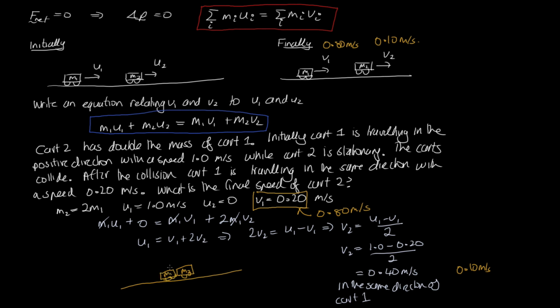After the collision, it's not possible for this one to be going faster than this one, because it would then need to pass through this cart here. And we can't have cart 1 mystically passing through cart 2. So when you set questions like this, just carefully check that they relate to a physical possibility.